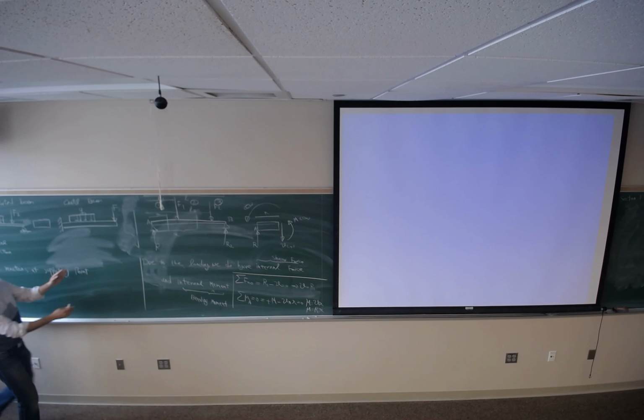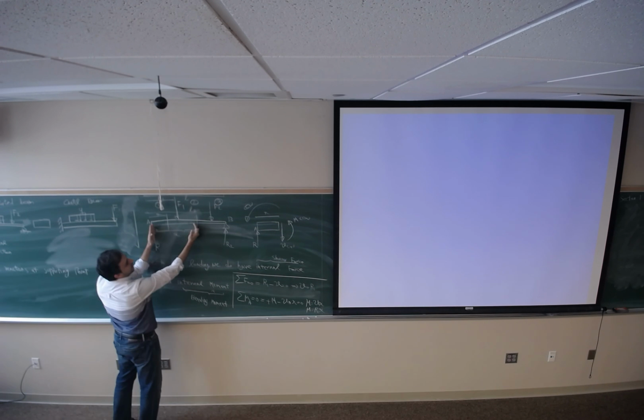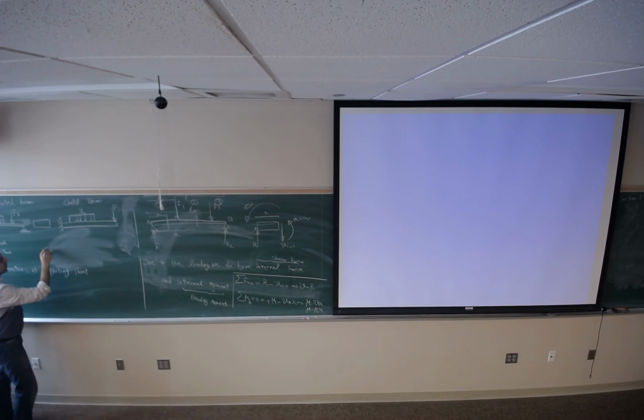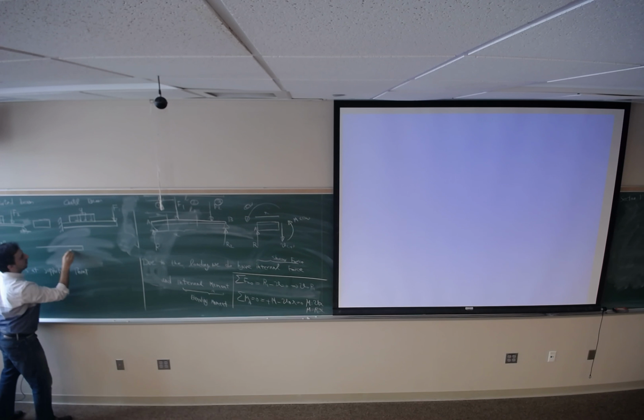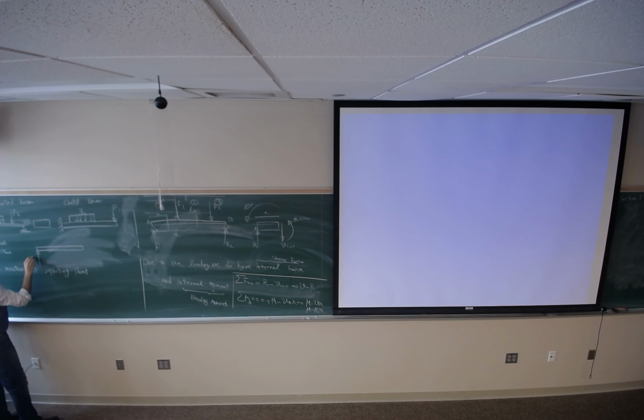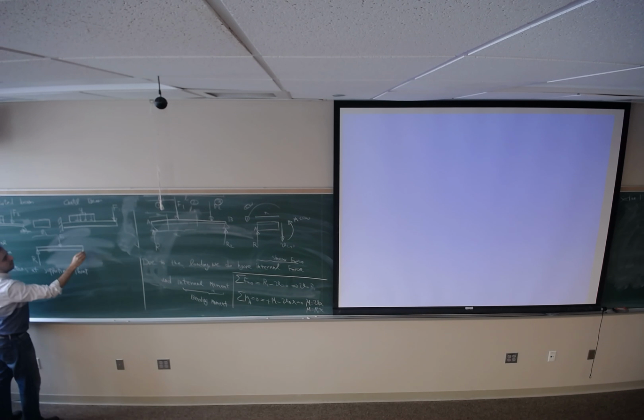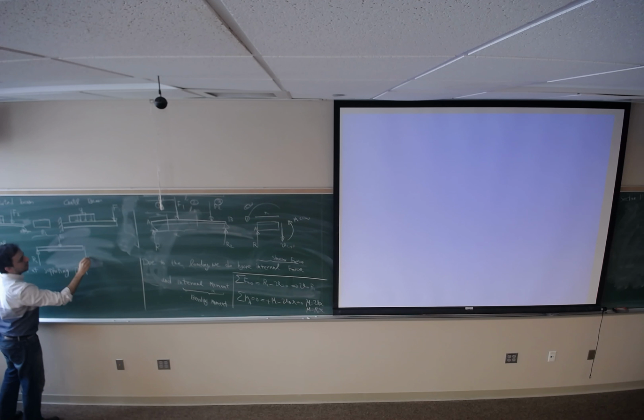So if I cut it at X, what I will get is something like this: R1, F1 at the distance of L1, and here I'm going to have positive V and positive M. And this distance is X. Make sense?